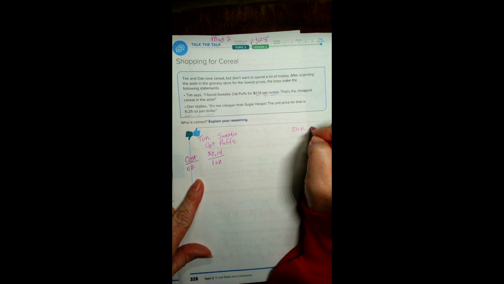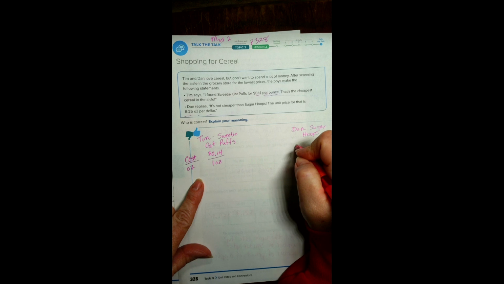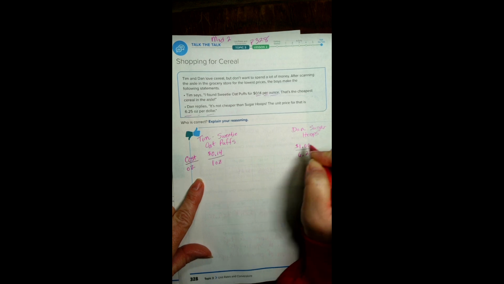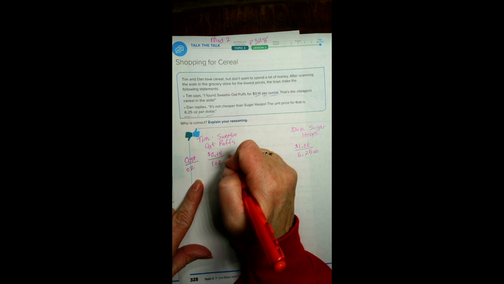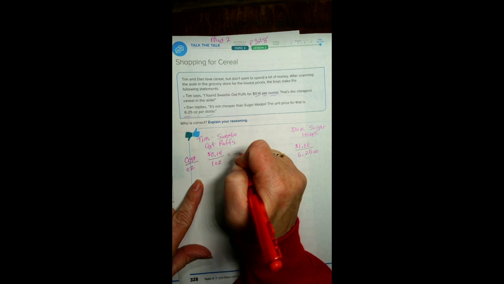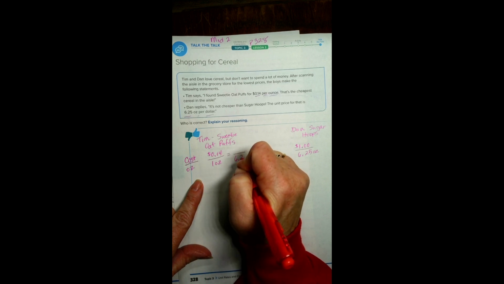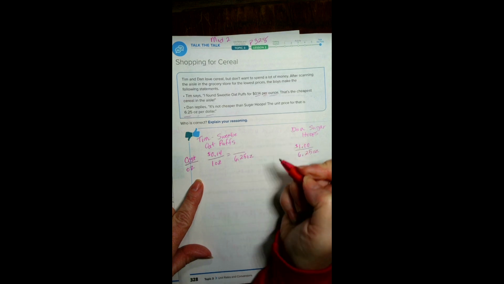Dan's was Sugar Hoops. And Dan's was $1 per 6.25 ounces. So what if his box was 6.25 ounces? How much would he pay? So if we scaled up to 6.25 ounces, what would he pay?